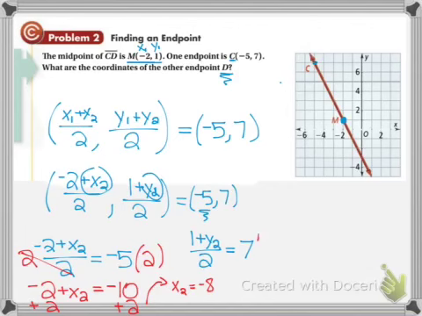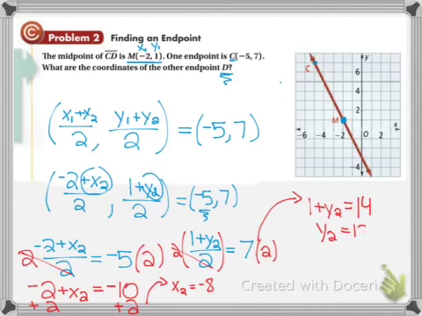Now let's find our y-coordinate. If I multiply each side by 2, again those cancel, and I get 7 plus y2 equals 2. So y2 equals -5. So the coordinates of my other endpoint, endpoint D, will be (1, -5).